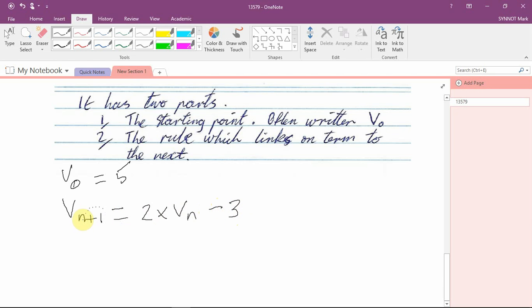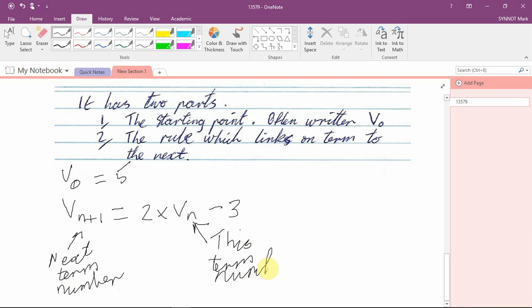So n plus 1 is our next term, or the next number, and Vn is this term, or this number.